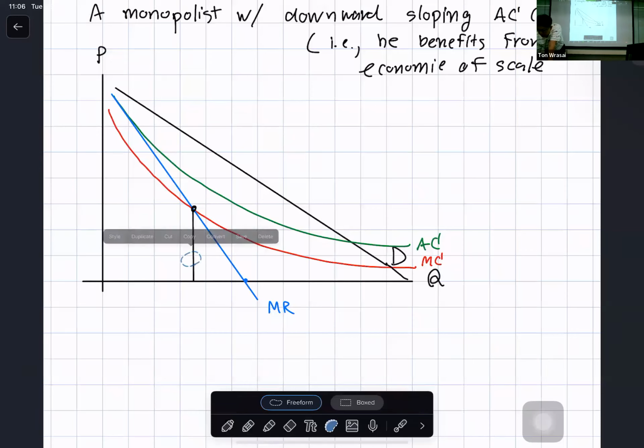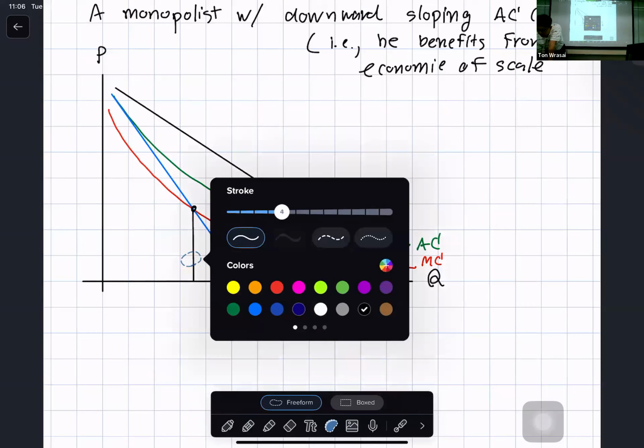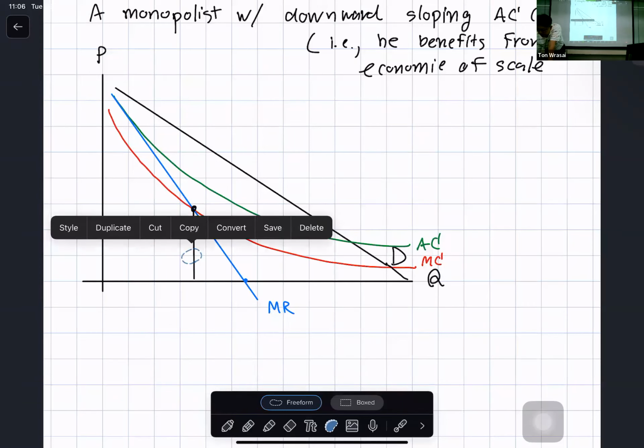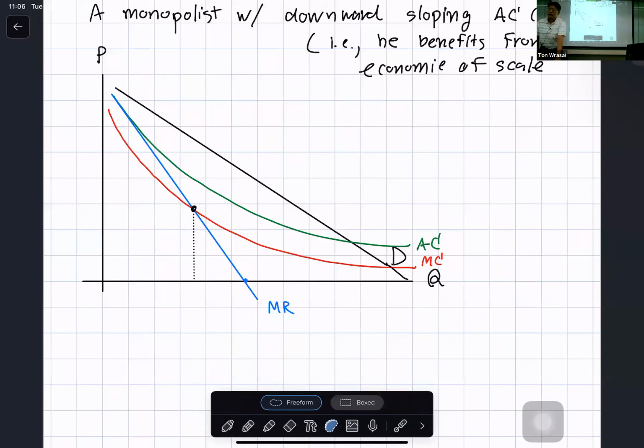This is our, let's name it QM, Q superscript M, Q monopolist. And then he will charge price according to the demand curve. He will charge PM, monopolist price.